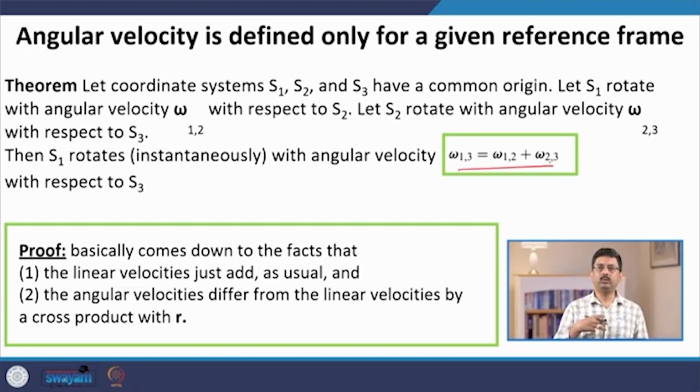I am not going to give you the proof, but I just want to point out the basic logic by which we can deduce it. We start with the rule that V is equal to omega cross r, and then for the linear velocity V, you apply the relation for the linear velocity, they will just add, and then you can deduce this particular relation.